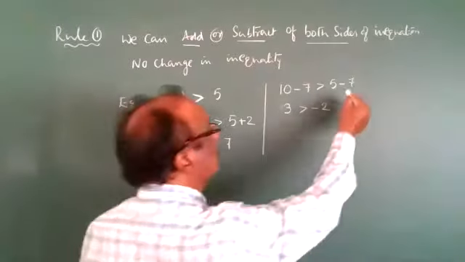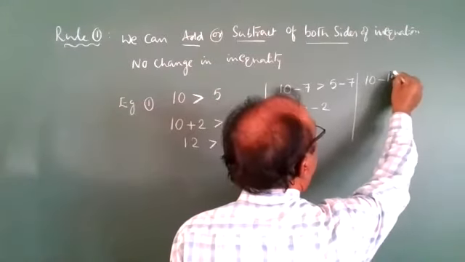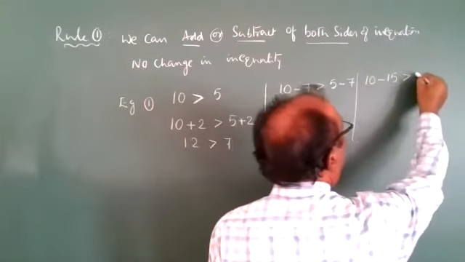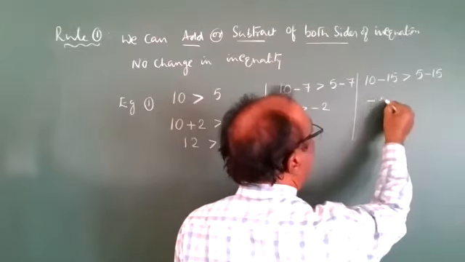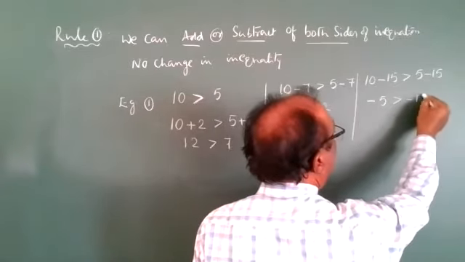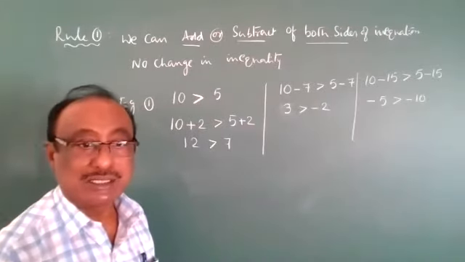Take one more. 10 minus 15 is greater than 5 minus 15. Minus 5 is greater than minus 10.